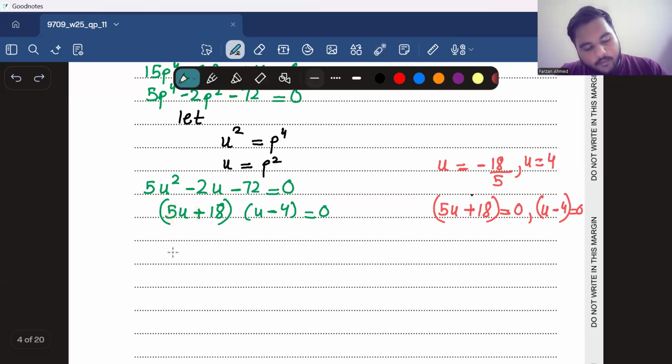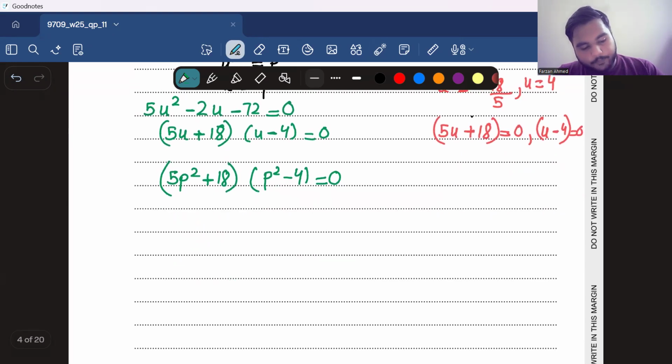So it will be 5p square plus 18 is equal to 0 and p square minus 4 is equal to 0.